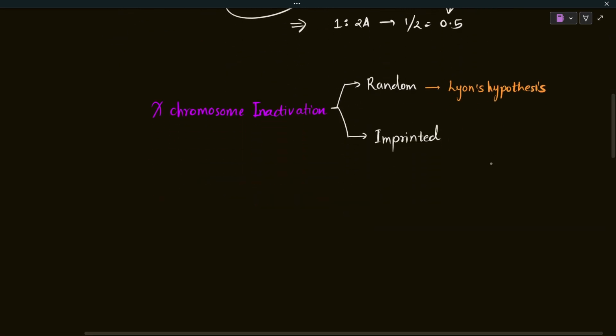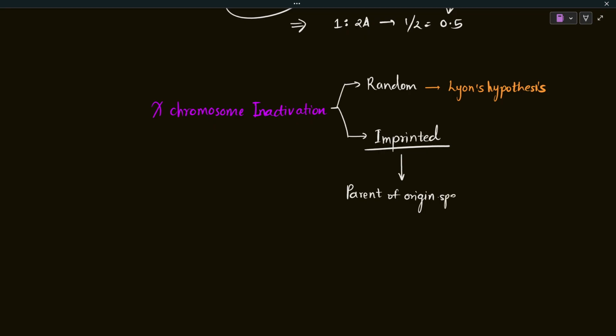But opposite to that, unlike random X chromosome inactivation, imprinted X chromosome inactivation suggests that the X chromosome which is going to be inactivated will be decided in a parent of origin manner. So that will be parent of origin specific.